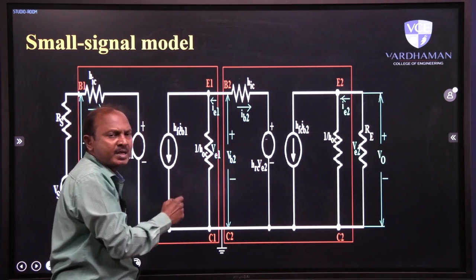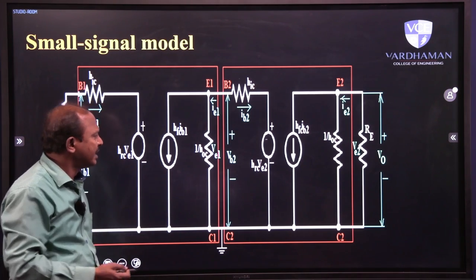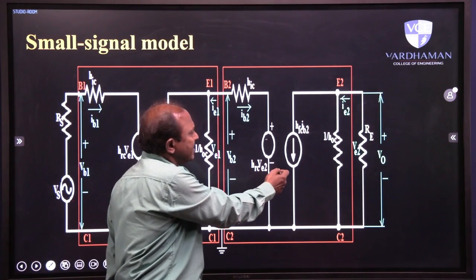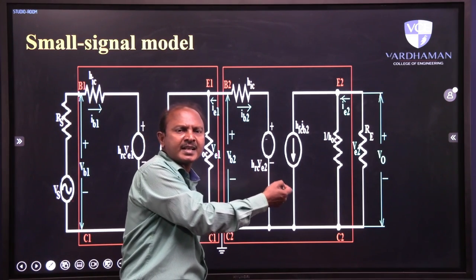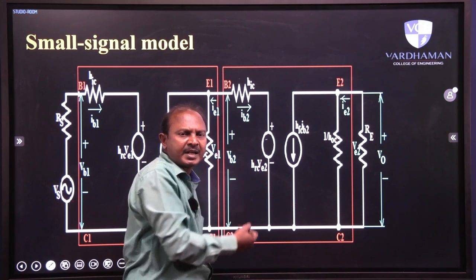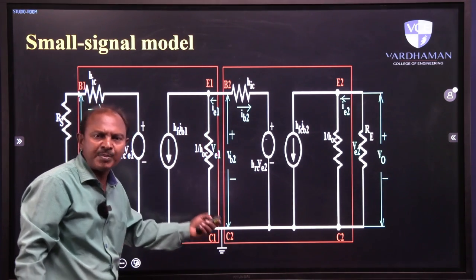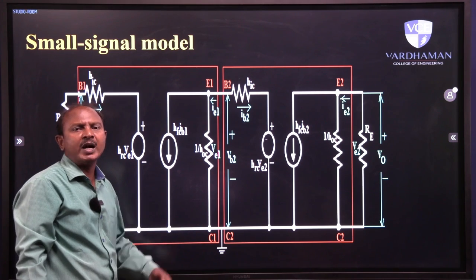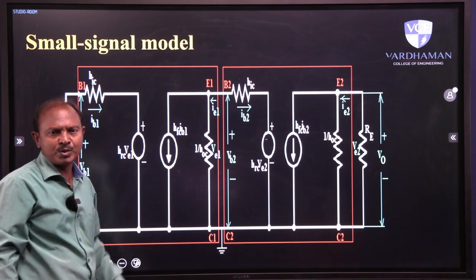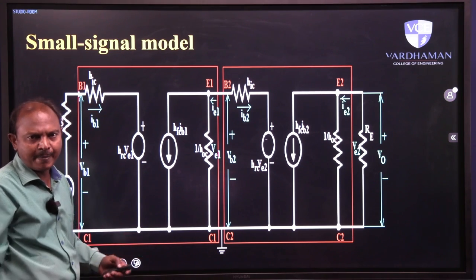These are the two components we represent at the output side. And the same diagram is repeated for the second transistor also, because the second transistor is also operated in common collector configuration. Then with the help of the small signal model, we have to analyze the amplifier circuits step by step.